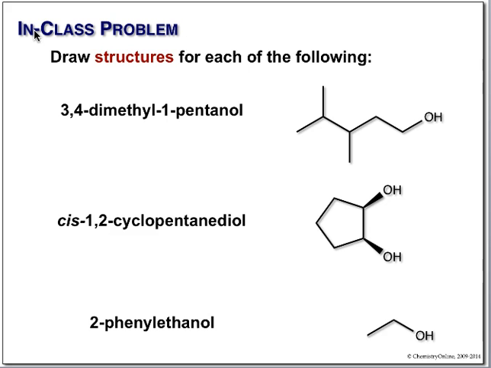That's carbon 2. On carbon 2, we need a phenyl group. This is ethanol. Attached to carbon 2, we have a phenyl group.